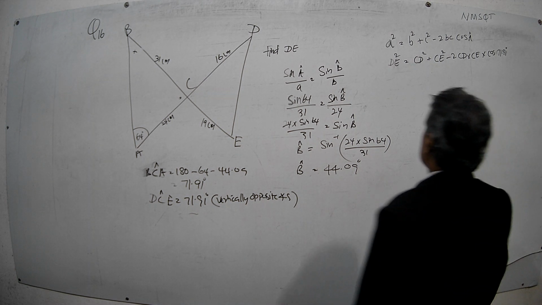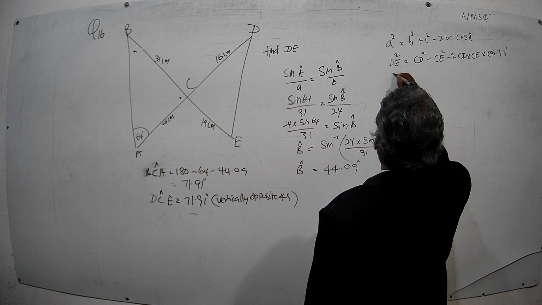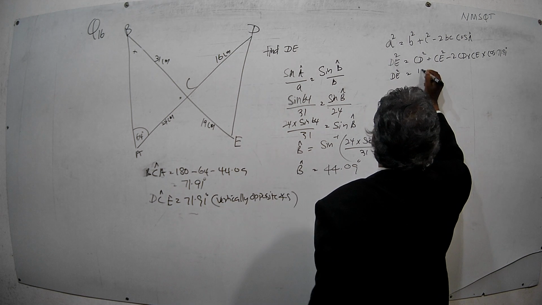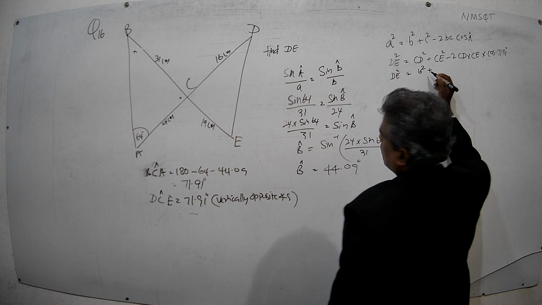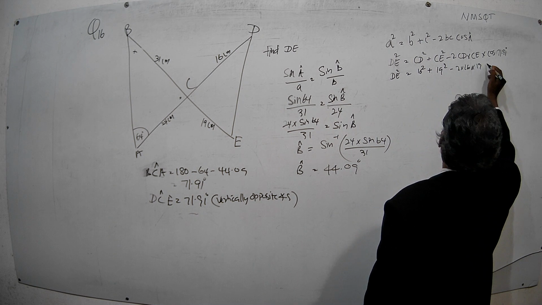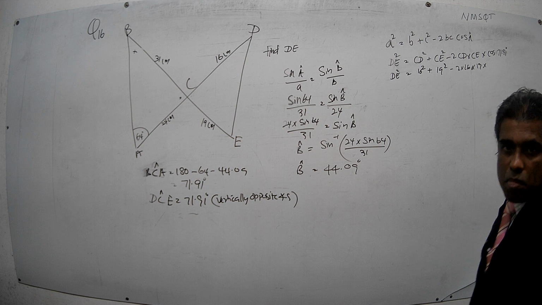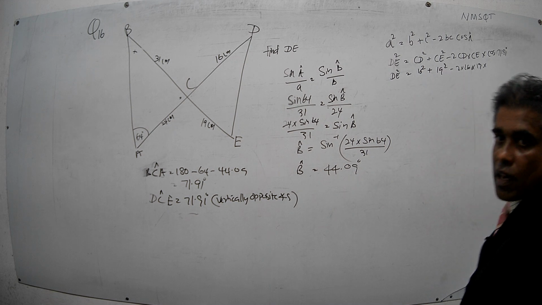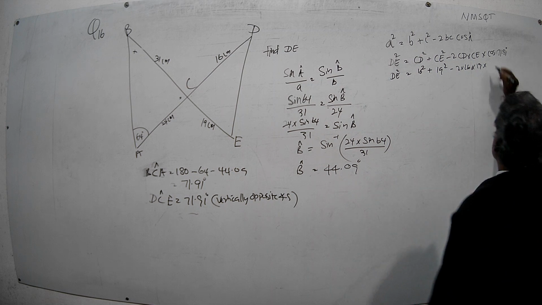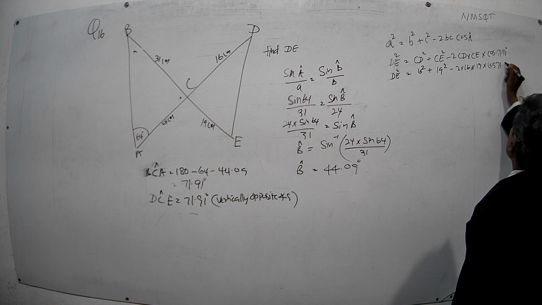Then we substitute. DE squared equals CD, how much? CD is given, 16 squared. Then CE is given, 19 squared. Then minus 2 into 16 into 19 into cos 71.91.